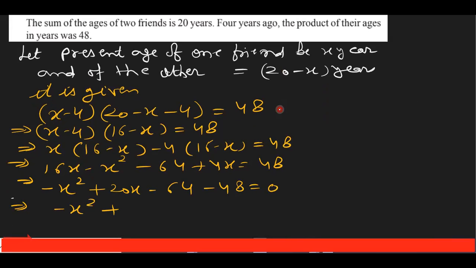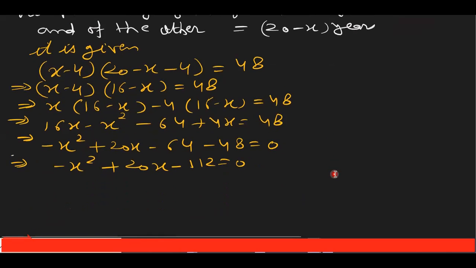So minus X square plus 20X minus 112 is 0. Now the coefficient of X square, how to make it positive? I told you to change the sign of all the numbers, left hand side as well as right hand side, by multiplying both sides by -1. So X square minus 20X plus 112 is 0.